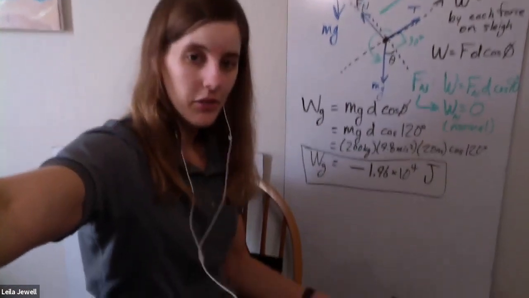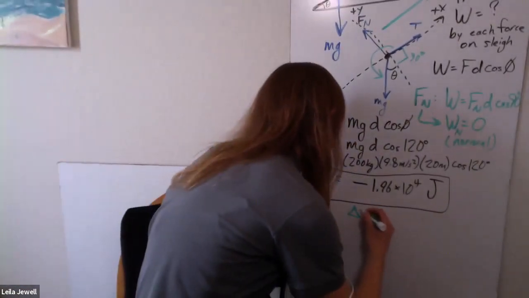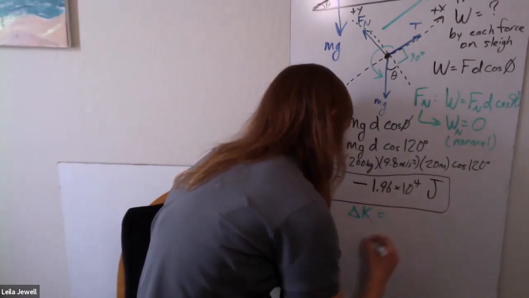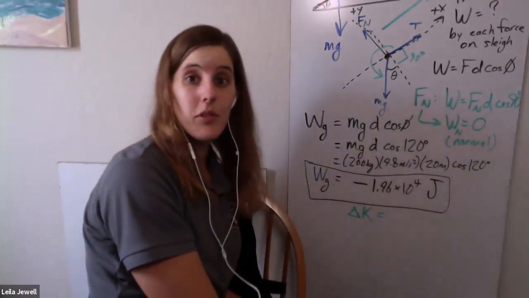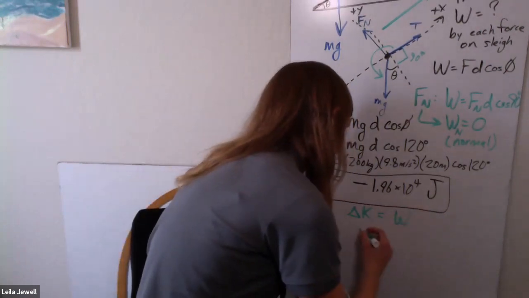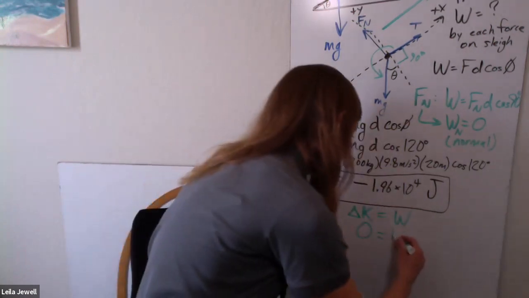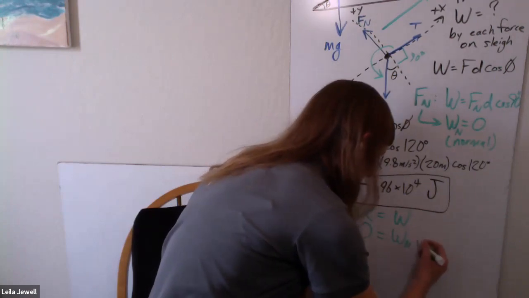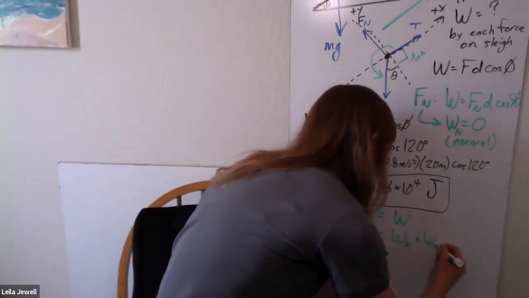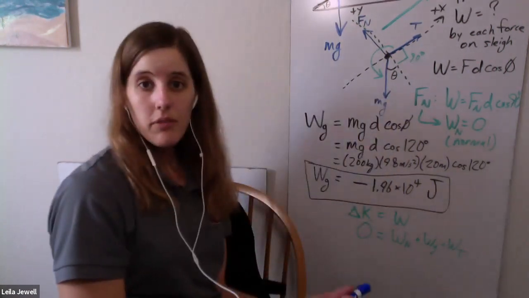Let's tilt this down a little more. And the change in kinetic energy is equal to the net work done. So if this is equal to 0, this is going to be equal to the work done by all of the other forces present. So the work done by the normal force, which we know is just 0, plus the work done by gravity, plus the work done by the tension force.